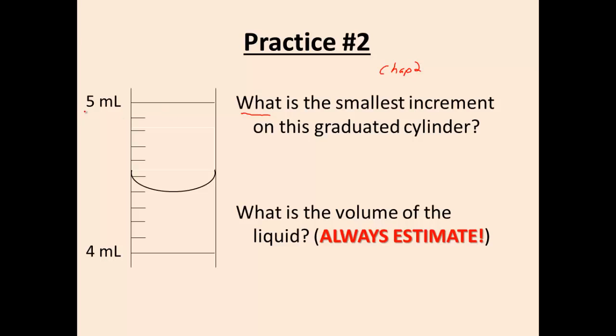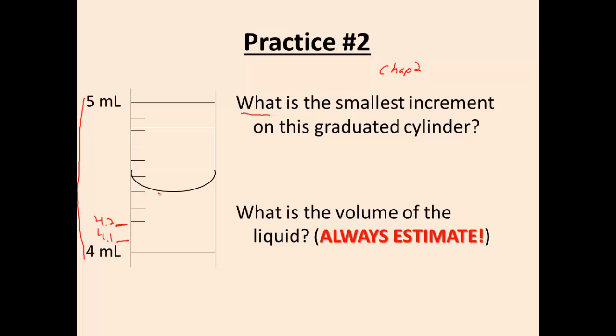Here it goes between 5 down to 4 milliliters, so each of these, 4.1, 4.2, would be a tenth of a milliliter marking. Remember, wherever we're at on the measuring scale, we're always going to estimate one spot further than our measurement says, so we can be a little bit more accurate even though it's not exactly precise.